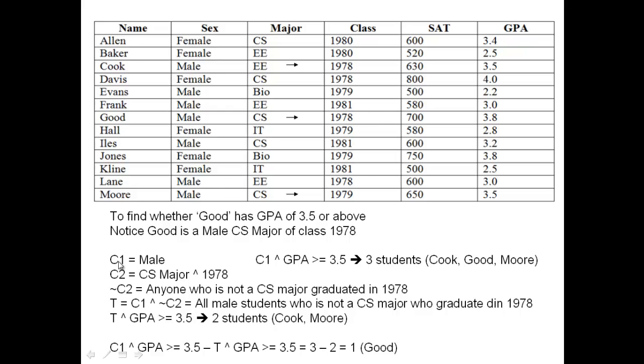Alright, so now C1 is the larger subset, which is all the male students, and C2 is CS major in the class 1978. And complement of C2 is anyone who is not a CS major who graduated in 1978. Now, the tracker is basically C1 and complement of C2.